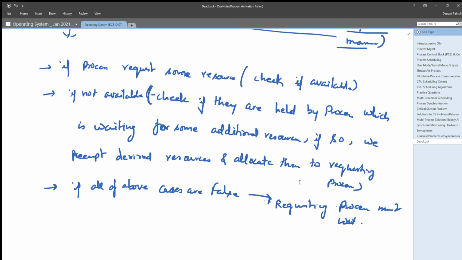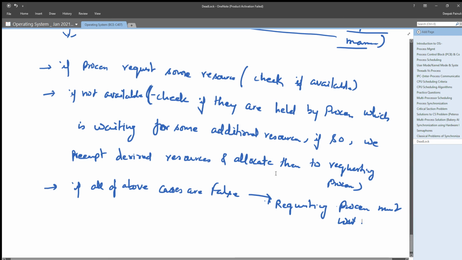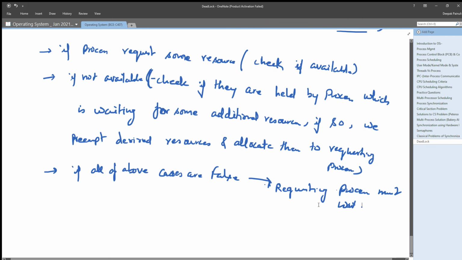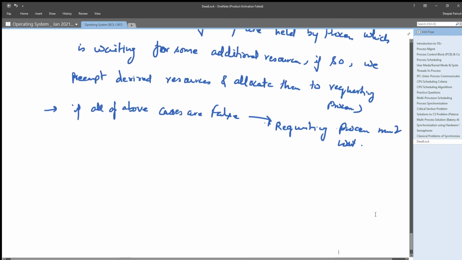But if all these cases are false, there is no availability, and those resources are not held by any waiting process, then only the requesting process must wait, in case of preventing the no preemption condition, right?